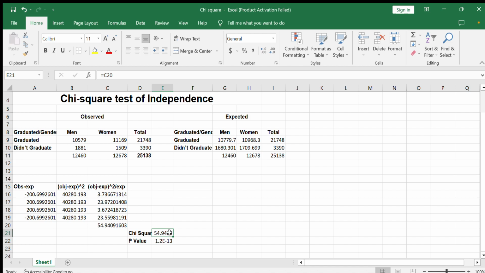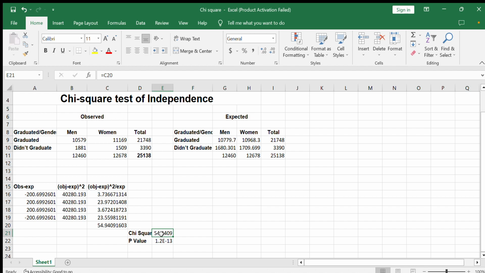Now, if you go to the chi-square table, usually a table of chi-square gives you an idea. You will compare your calculated value with the table value. The table value from the chi-square table, when you are dealing with degree of freedom of 1, is 3.84146.